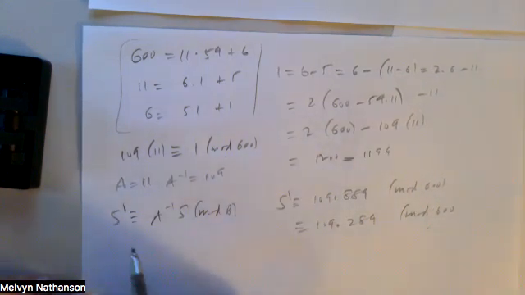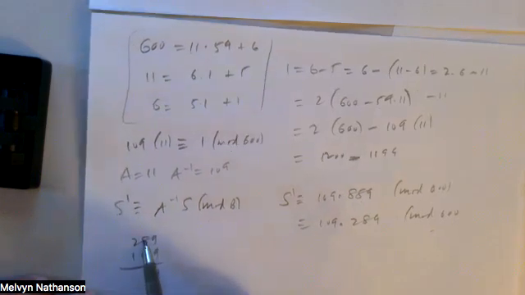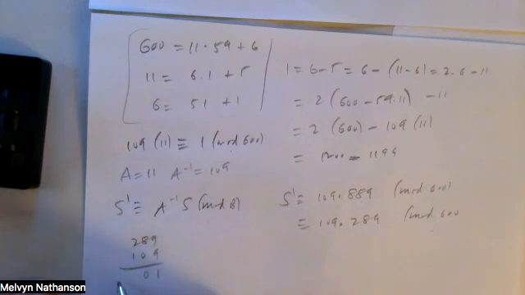Let's see, what is 289 times 109? 9 nines are 81. 9 eights are 72, plus 8 is 80. 9 twos are 18, plus 8 is 26, 0, 2, 8, 9.